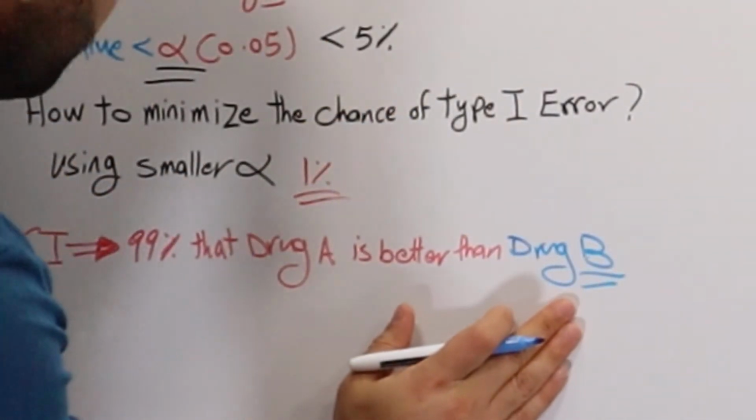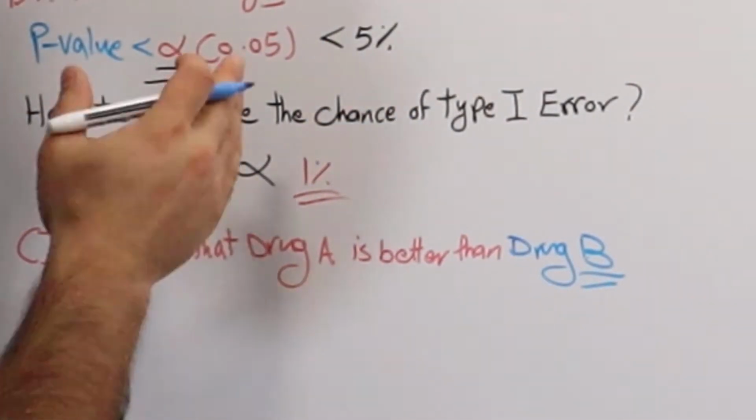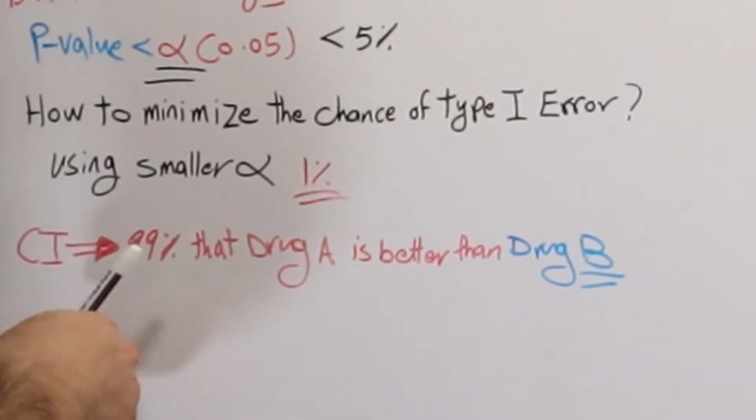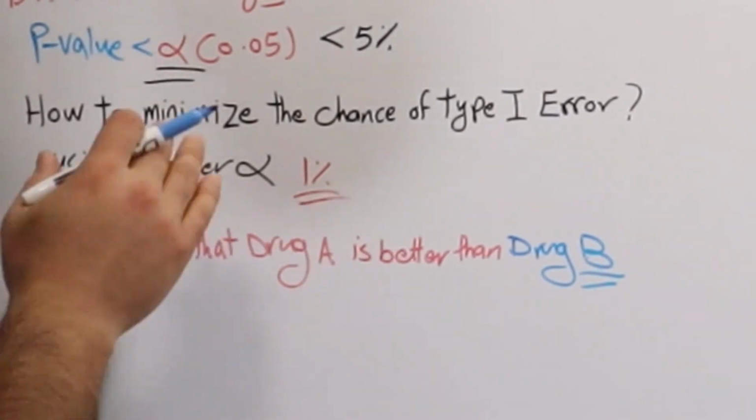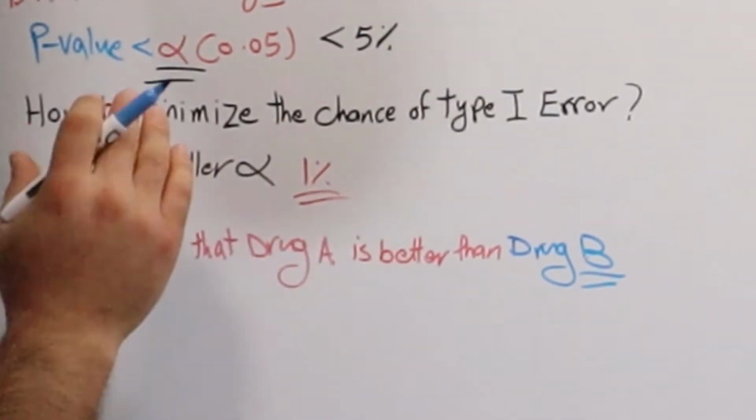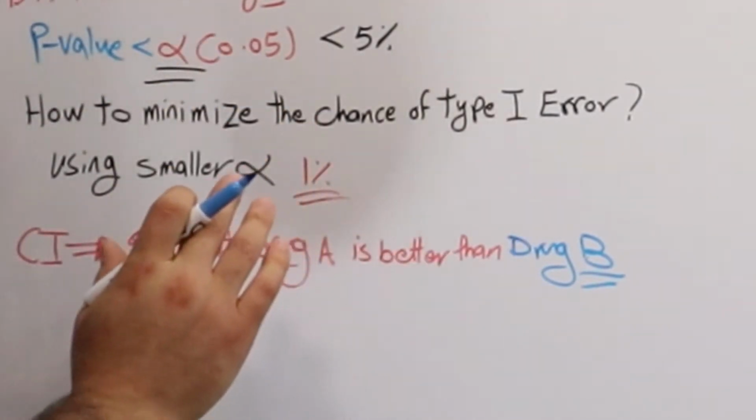This one exists in the market, and this one is the drug the researchers are working on. So when we have a confidence interval of 99%, they are 99% sure that their conclusion is correct.